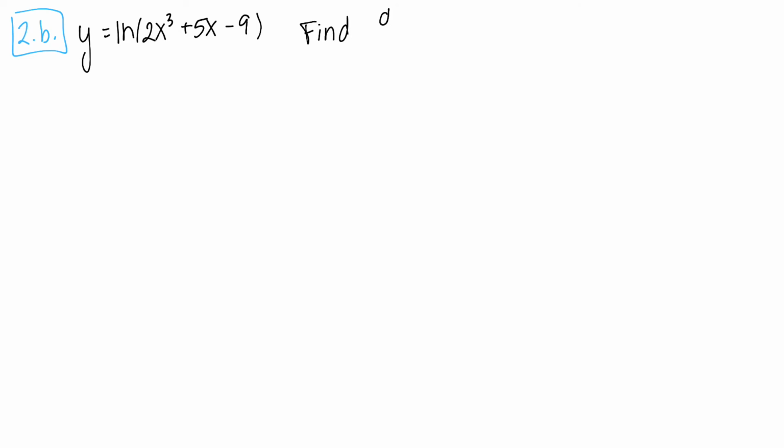Okay, moving on to 2b. We have y equals ln of 2x cubed plus 5x minus 9, and we are asked to find the second derivative of this function.